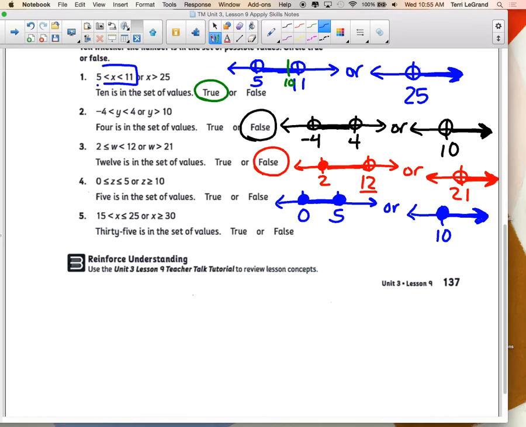True or false? Which one is it satisfied, the first one or the second one? Yeah, the first one. So it's right here, and it's shaded in. So the answer is true.